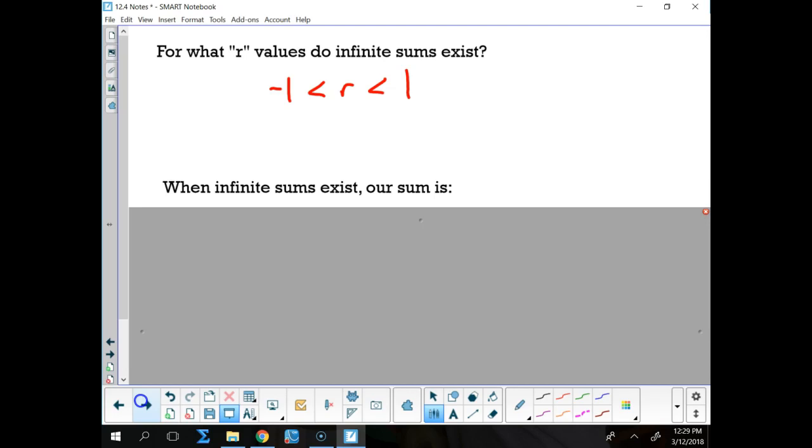Okay, so when you're looking at a problem now with going to infinity, there are 2 ways to know that your problem is going to an infinite sum. One way is it's in sigma notation, and there is a big old infinity on the top. That's one way to determine that your sum is going to infinity.